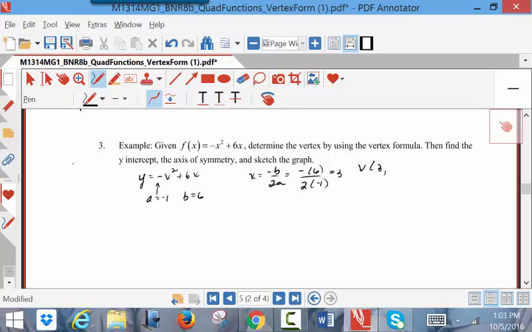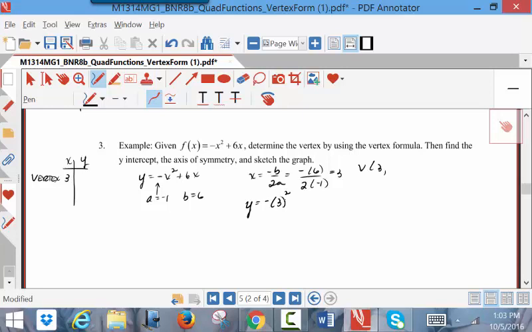So again, this is kind of like having a table of values, x and y. Now knowing that the x value of my vertex is 3, to get the y value of the vertex, I go back to my original equation. Be careful with all this squaring. The 3 is being squared, not the negative.